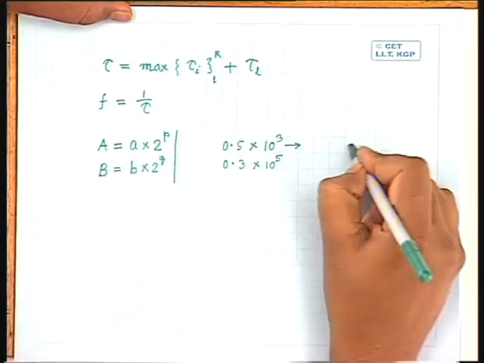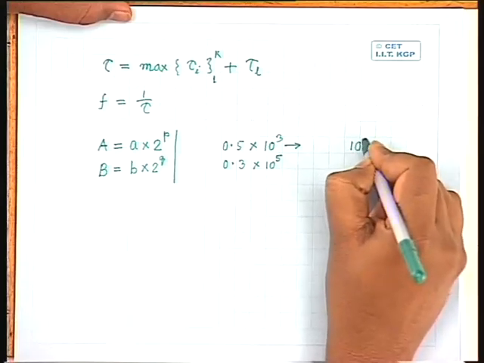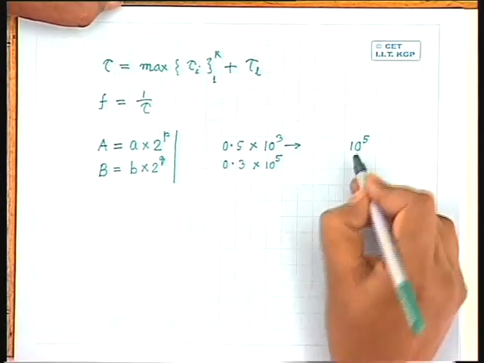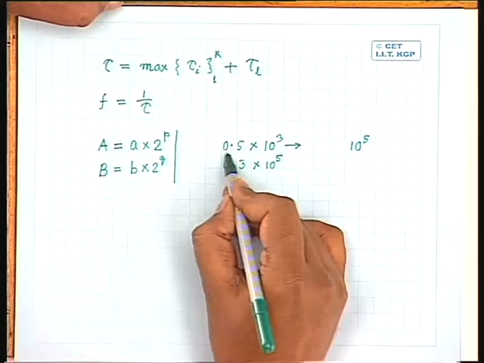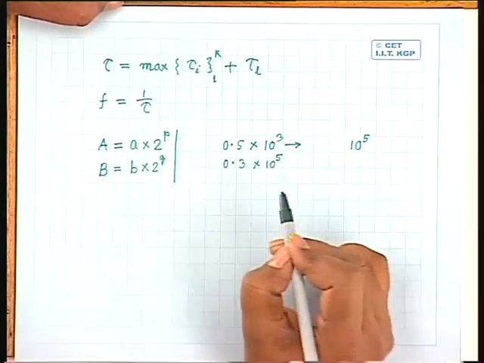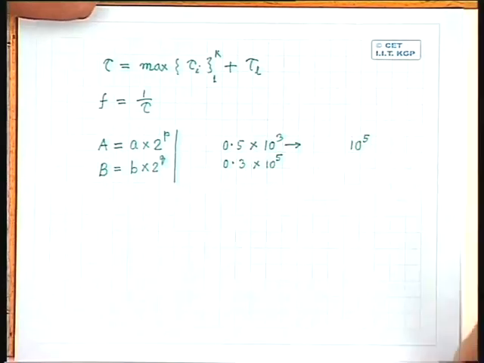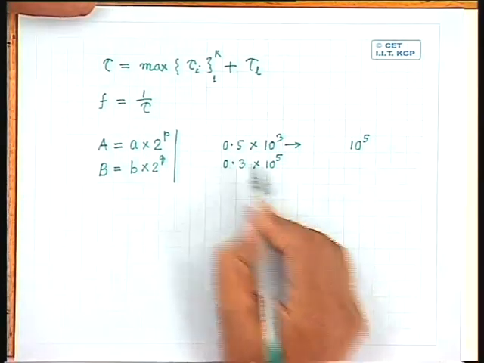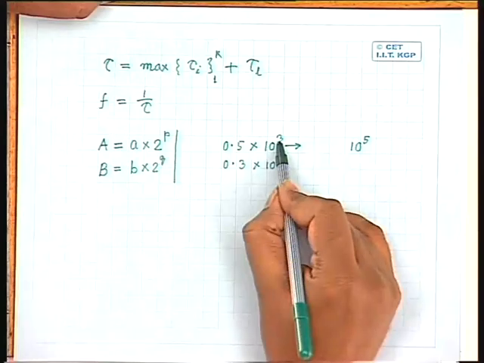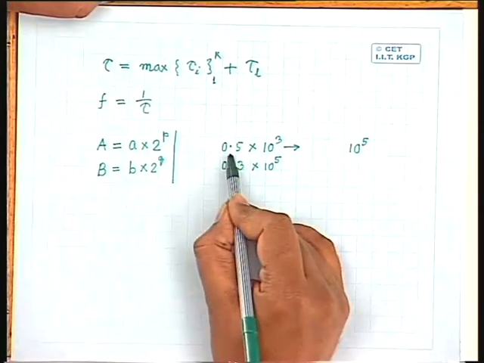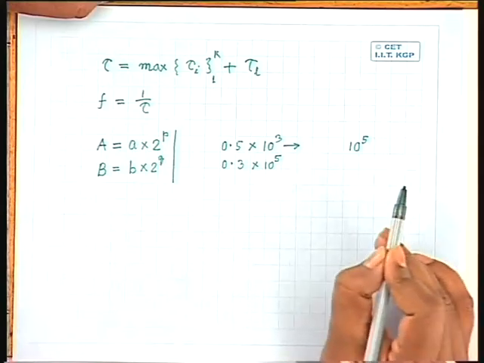This number, I will equalize in such a way that my power will become 10 to the power 5. So if I put this as 10 to the power 5, I have to modify this fraction part. How do you modify the fraction part? You simply give some right shift to this fraction part, and in this case, because I have increased the exponent by 2, that means this has to be given a right shift by 2 digits.